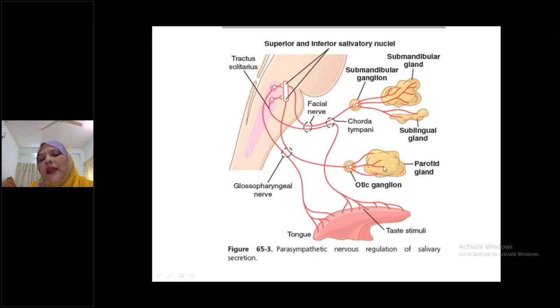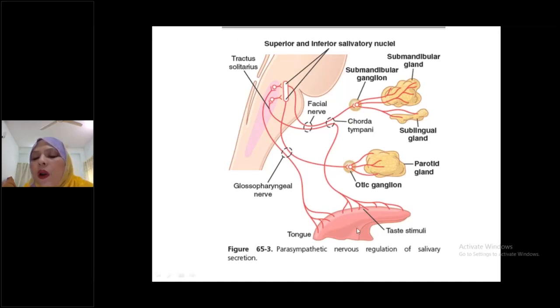In parotid gland, see here, from inferior salivatory nucleus the preganglionic fiber comes into the otic ganglion, then the parotid gland. It's supplied to the parotid gland. And this is tongue.